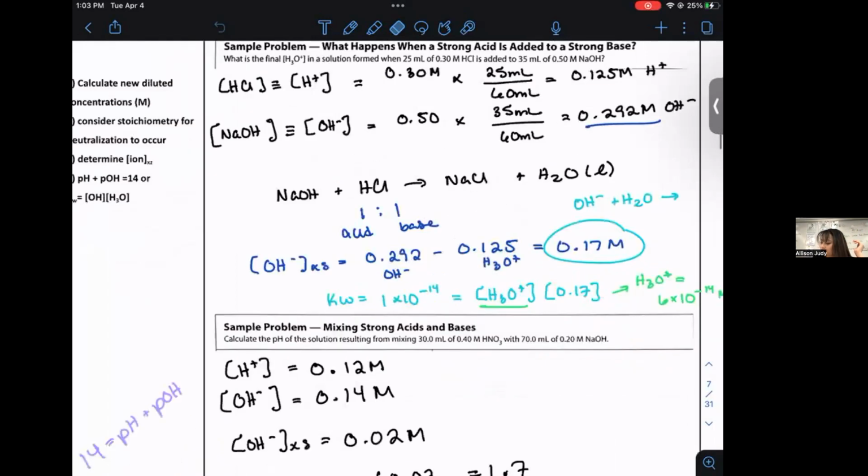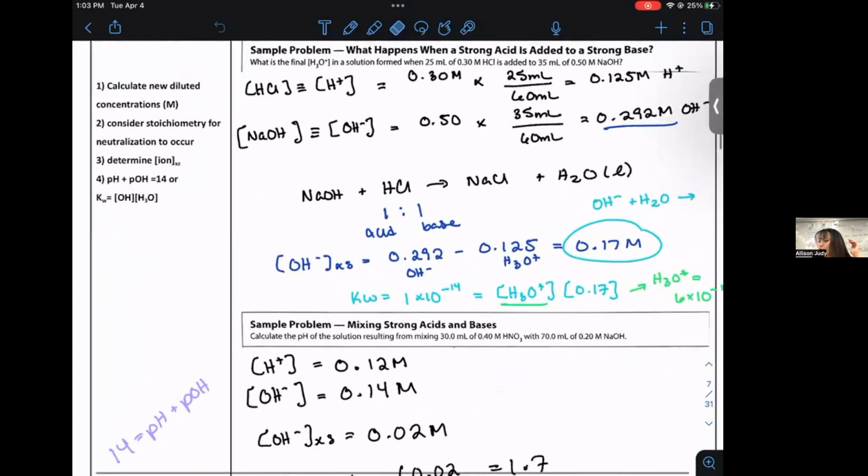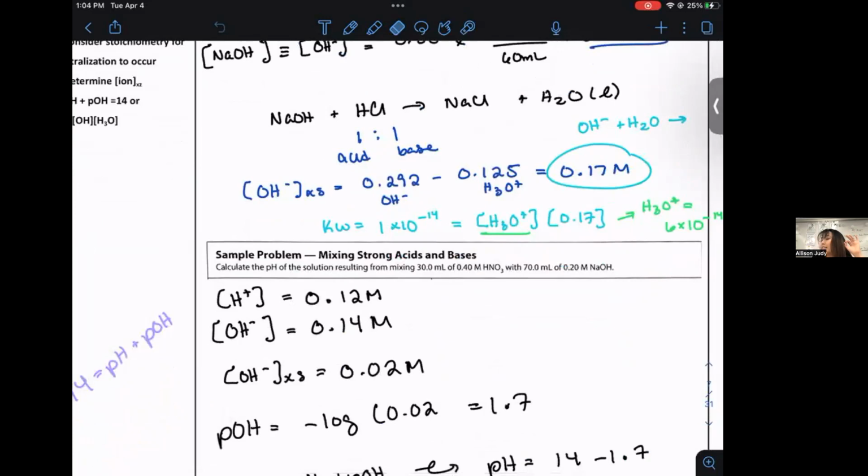All right. And we did some math problems where you had to, of course, initially account for dilution. That's a big thing with any acid base titration problem: you want to account for dilution first. Then, given the new diluted molarities, you make sure that your molarity of acid or base is equivalent to the acid or base ion produced.